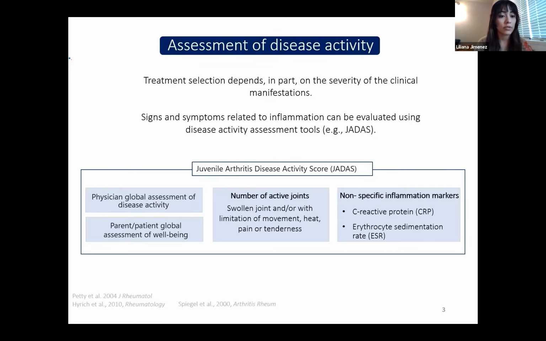For example, the Juvenile Arthritis Disease Activity Score, also known as JADAS, includes 2 questionnaires answered by the physician or the patient, the count of active joints, and the measurement of non-specific inflammatory markers like ESR and CRP. Next, please.